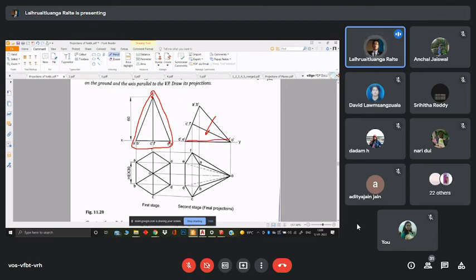That means we have our true front view, and from then on, we project it like this, and we get our pyramid resting on the horizontal plane like that.